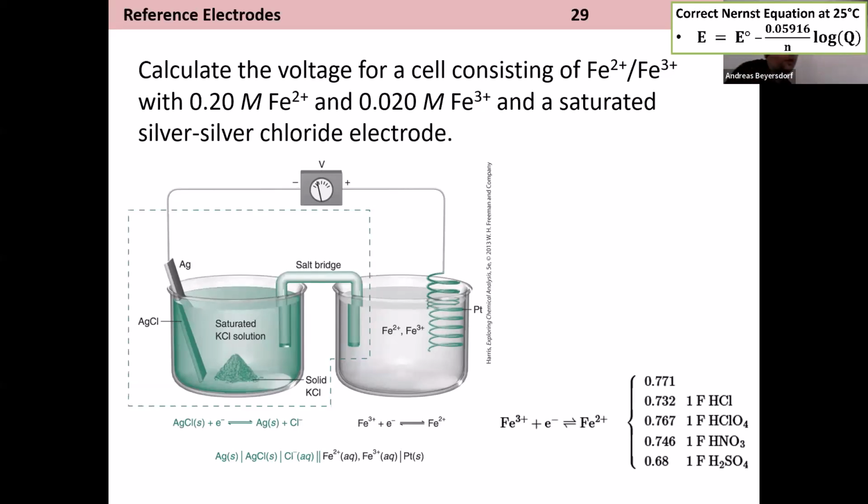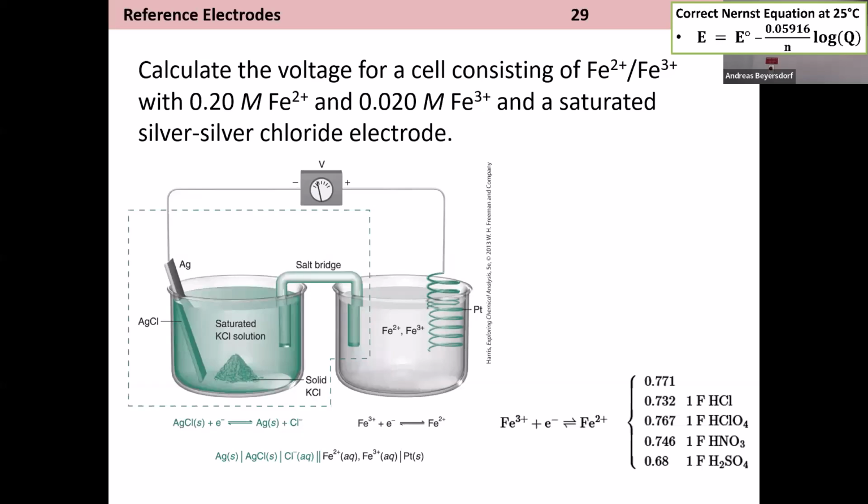Looking at the back of the book, we can find standard reduction potentials for this reaction of 0.771, 0.732, 0.767, 0.746, and 0.68, right? These are for 1 molar formal HCl, 1 molar HClO4, nitric acid, and sulfuric acid.